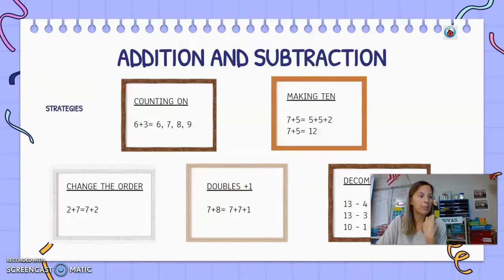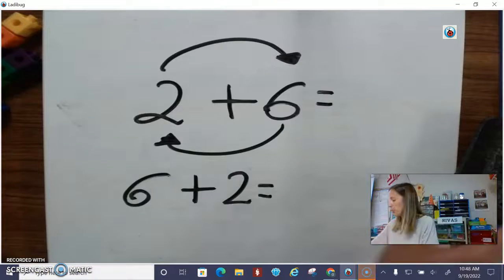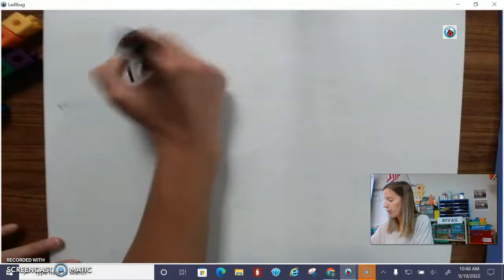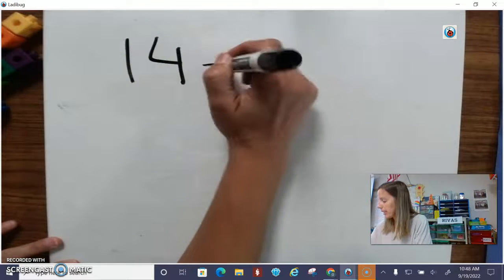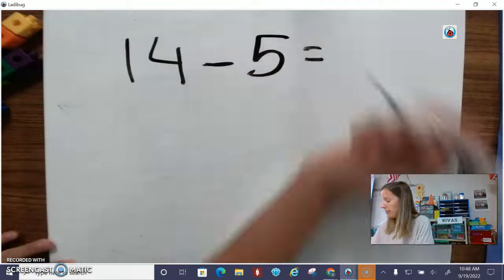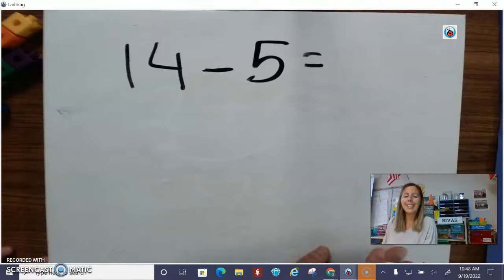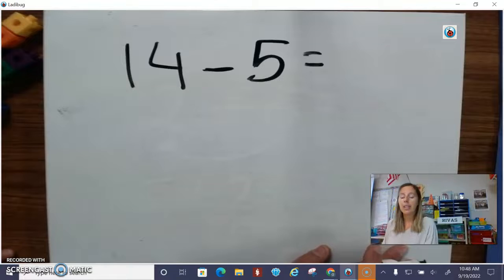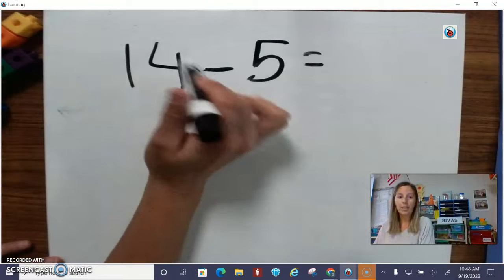Decomposing is what it is when you are subtracting. So if you are subtracting 14 minus 5, basically this is the same idea as making 10 that I told you before, but subtracting. So I'm going to try to make this one a 10.